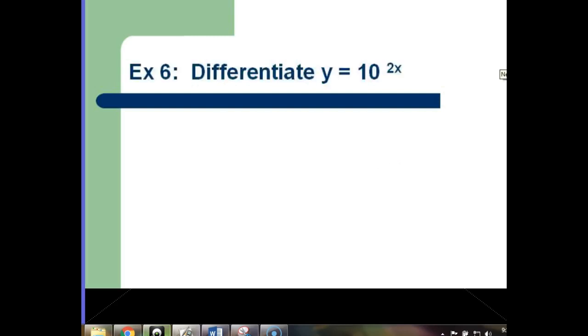So 10 to the 2x. This is the one that I feel like everybody has the hardest time remembering how to do. It's like the e problems, right? You literally rewrite the problem. You take the derivative of the power, so the derivative of 2x is 2.